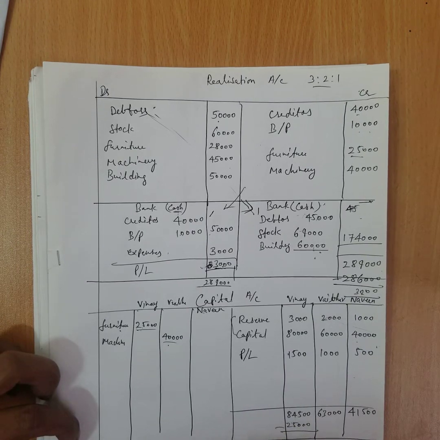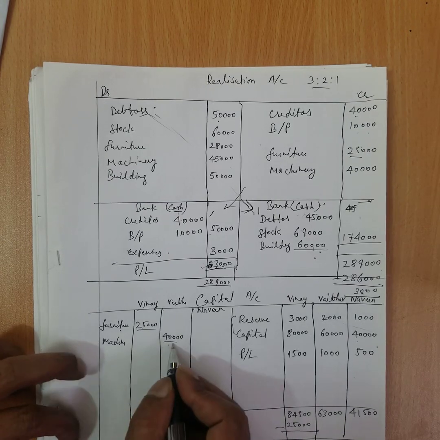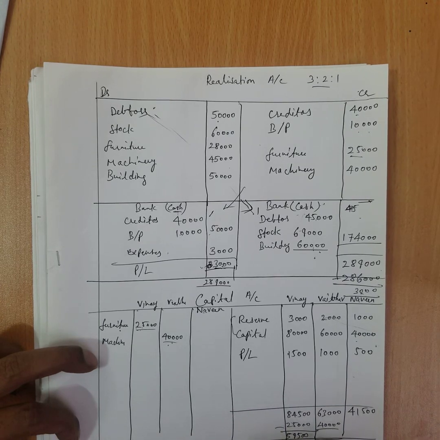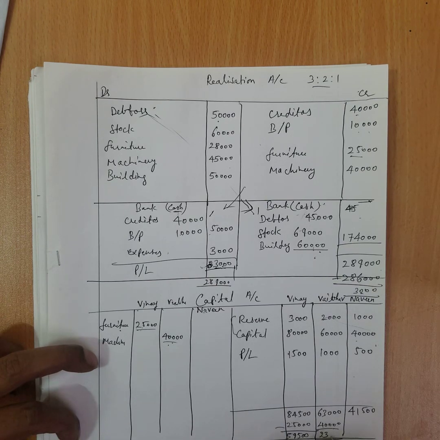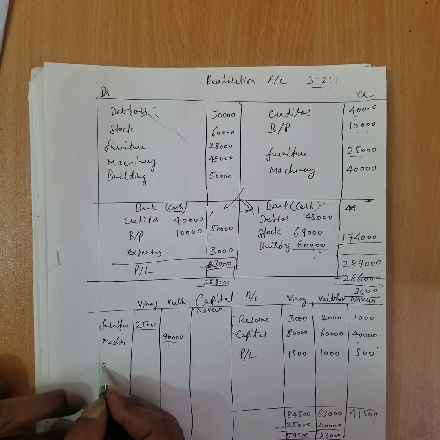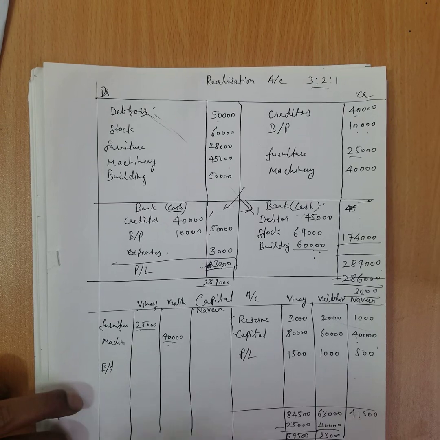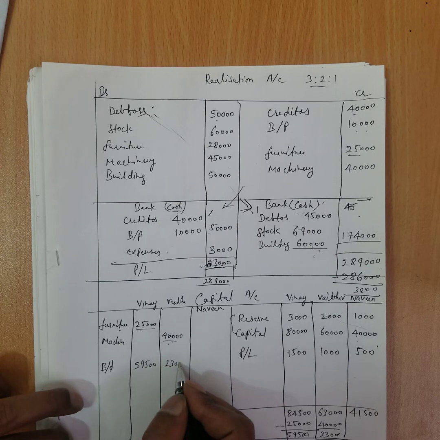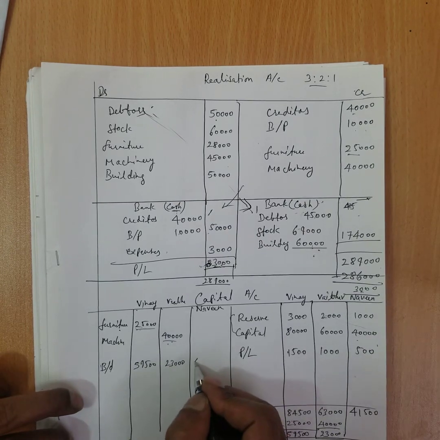If you minus this, how much is it coming? For him, machinery he has taken, we'll deduct from his. 40,000. 59,500. For him, 23,000 will come. So this is their new capital. His balance is 59,500. His balance is 23,000. And Naveen's balance is the same.